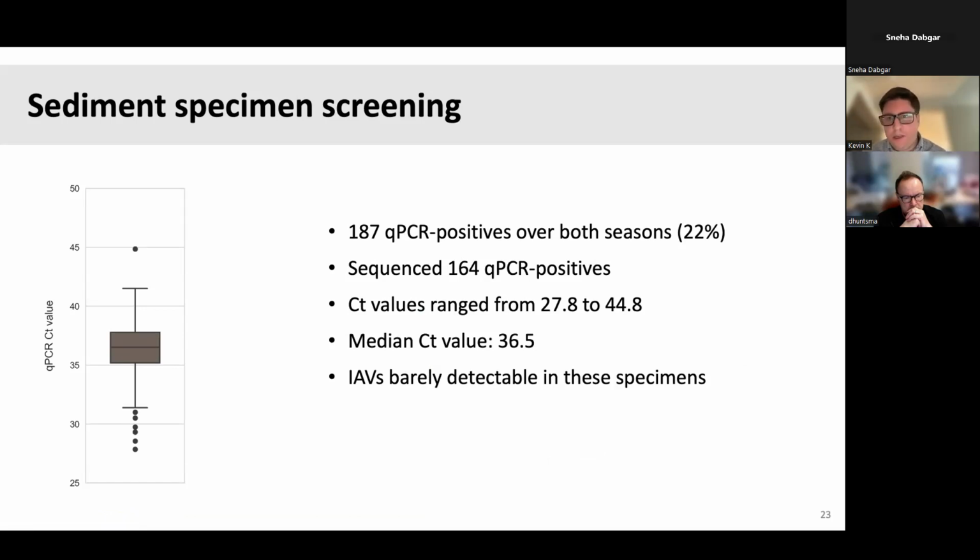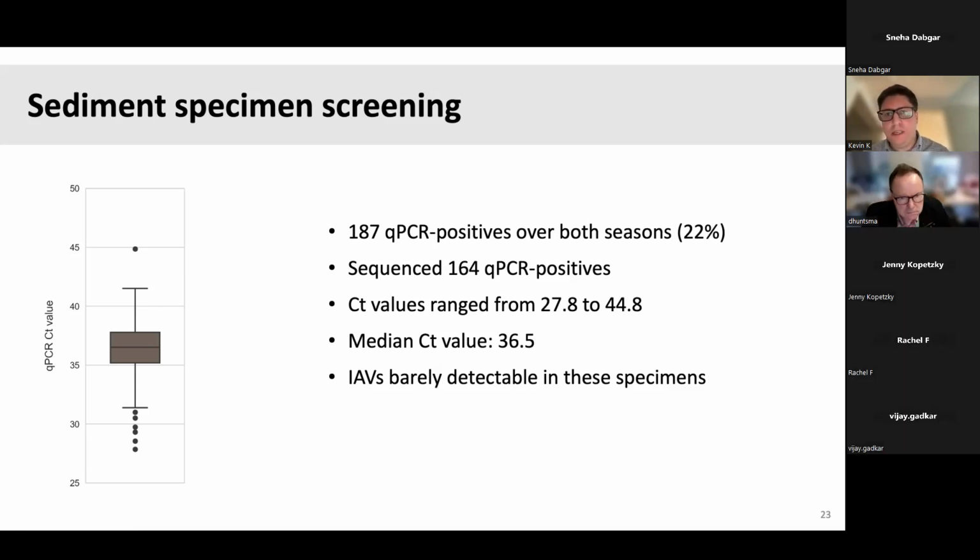So these CT values ranged from 28 to 45, and the median was 37. So if you know anything about CT values, this should be telling you that flu viruses were barely detectable in these specimens. Like there was probably only 1s to 10s of genome copies in the specimen. So really needles in a haystack here.